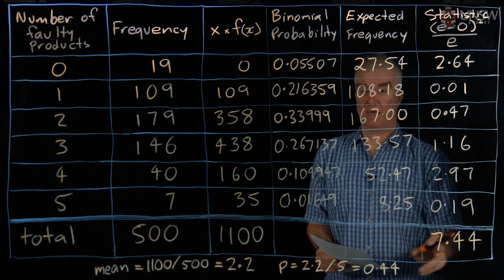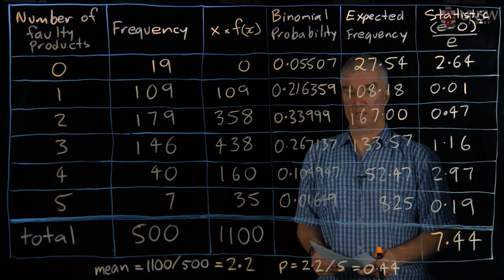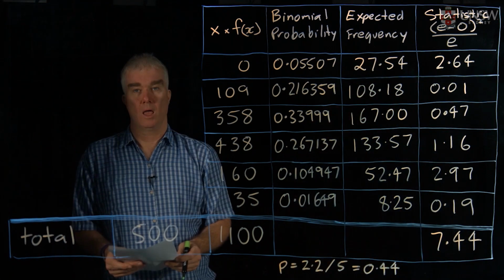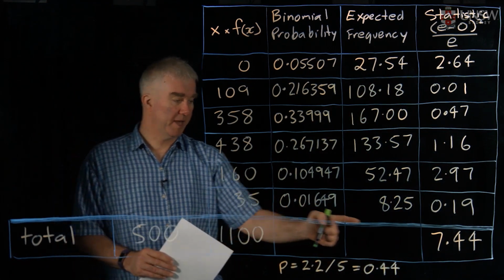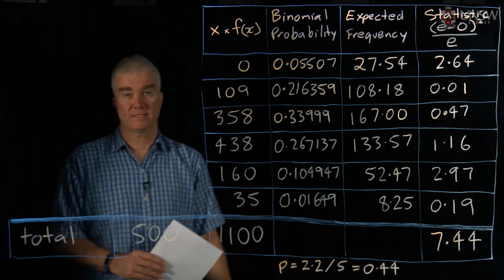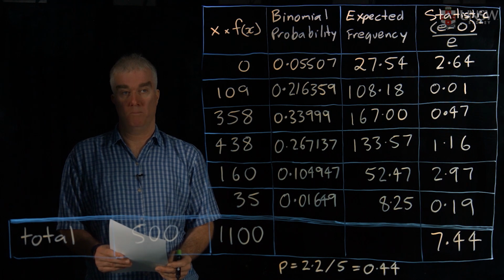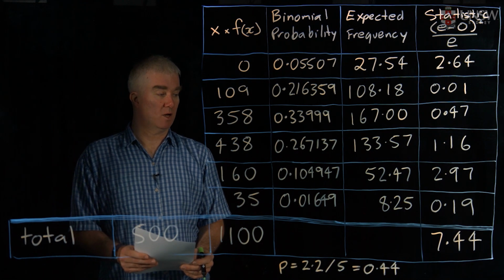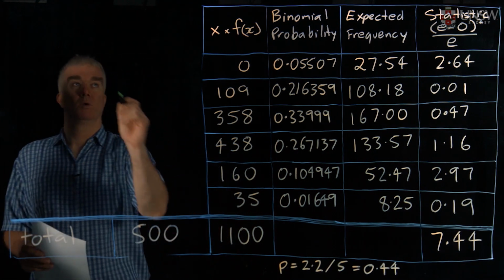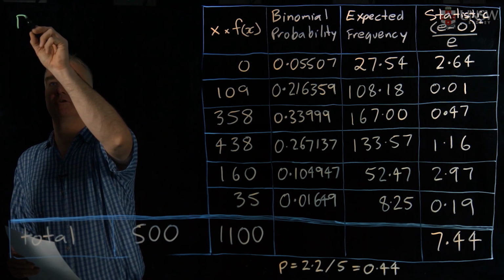Now we need to compare that with the value in the table. We need to compare this number, our statistic that we've calculated, with the chi-squared value in the table. First, to work out the chi-squared value in the table, we need to know the number of degrees of freedom.